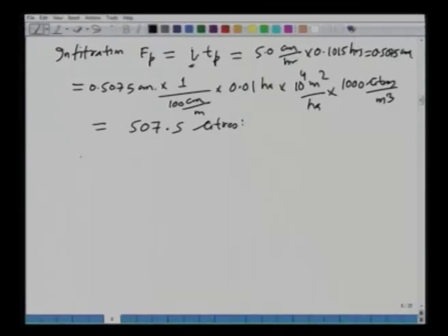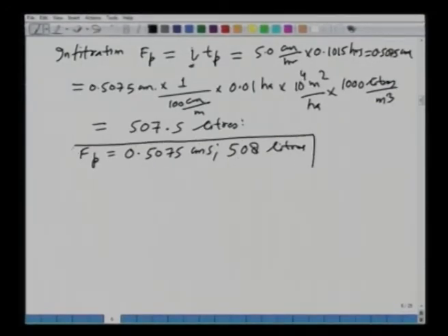So, your final answer then is Fp equal to 0.5075 centimeters, or approximately 508 liters. That is your final answer as far as the cumulative infiltration is concerned.